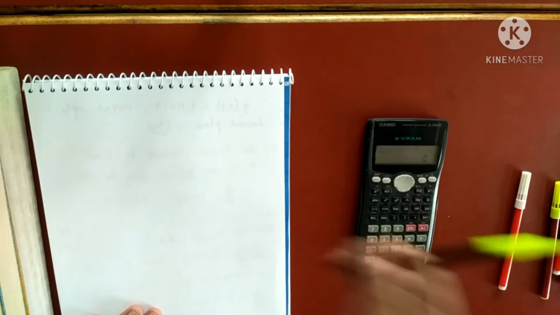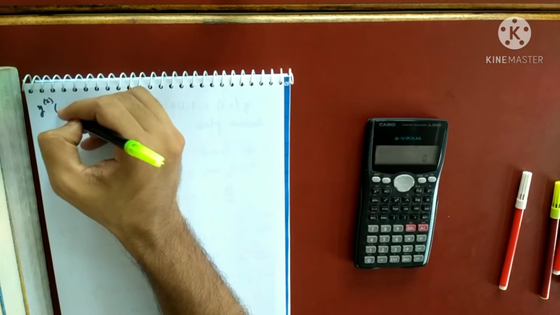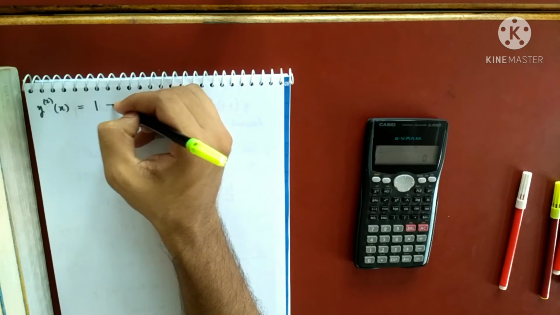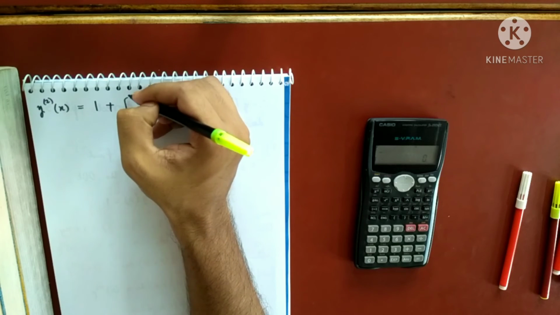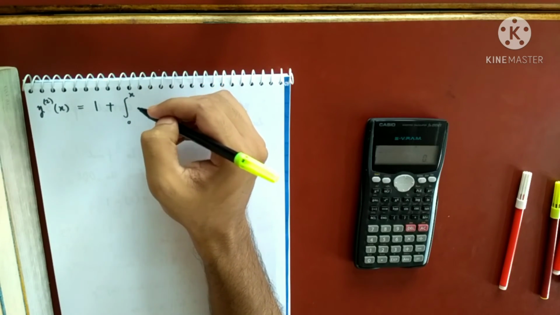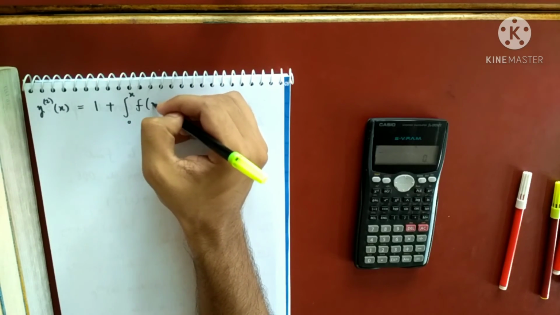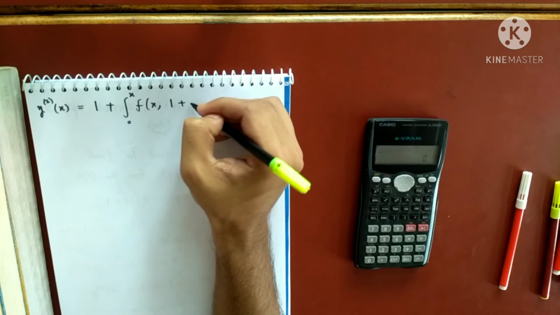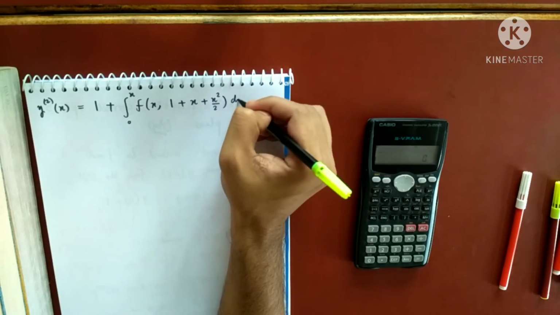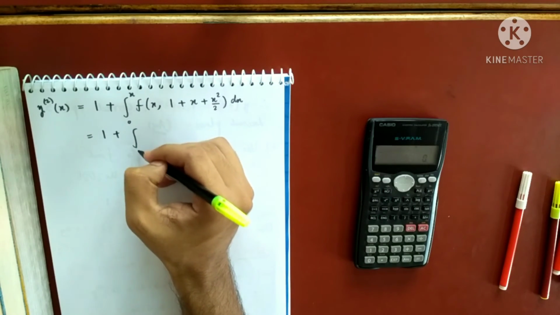Now we'll go for the next iteration. Am I clear up to here? So let's compute the second iteration. What is the second iteration? I'll jump some steps. y is 1 plus the integral from x0 to x, so 0 to x, of f(x, y).